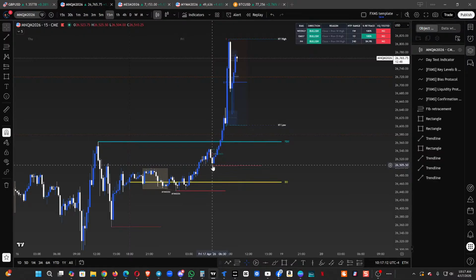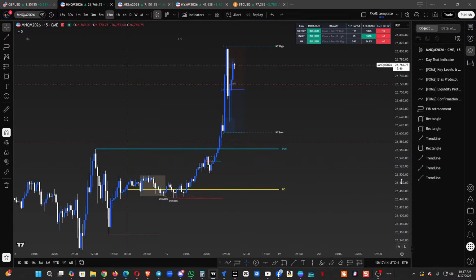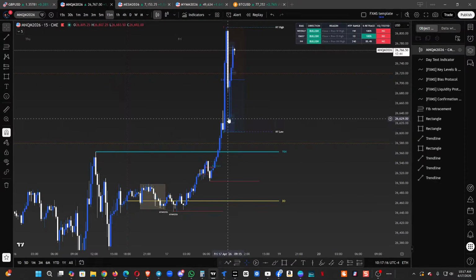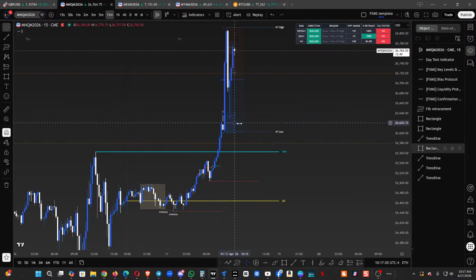This is 6:30 now. It's not that early, right? So, yeah, New York gave us this big retracement back into the order block here, right?